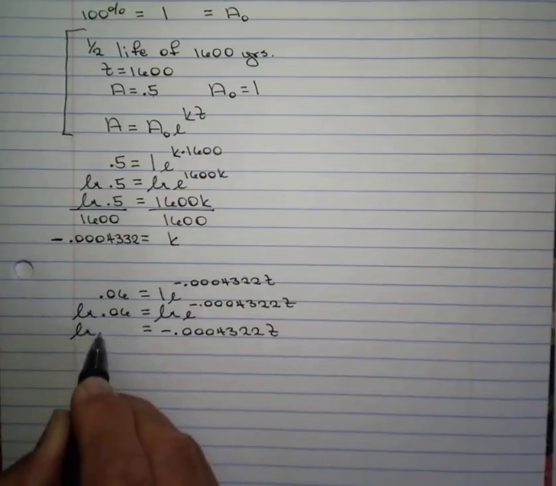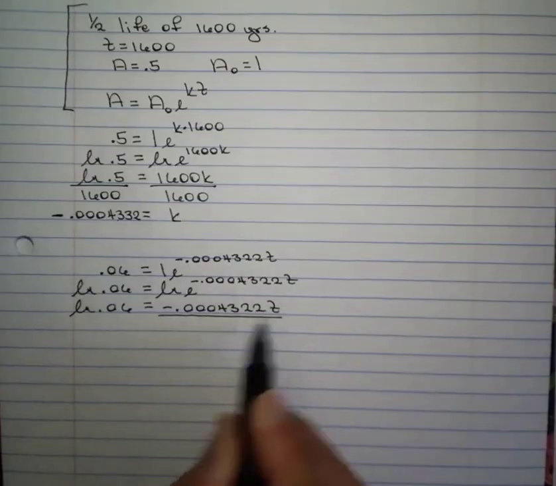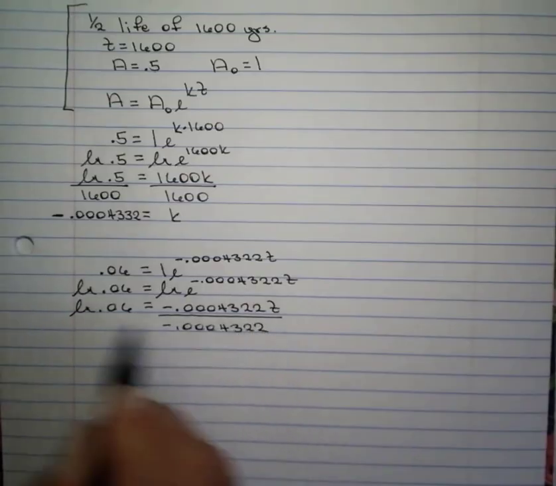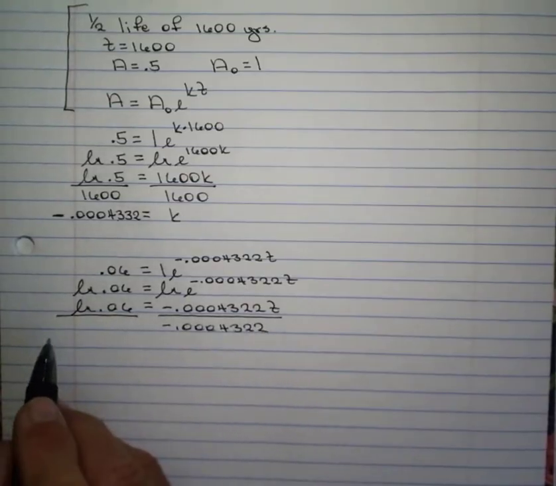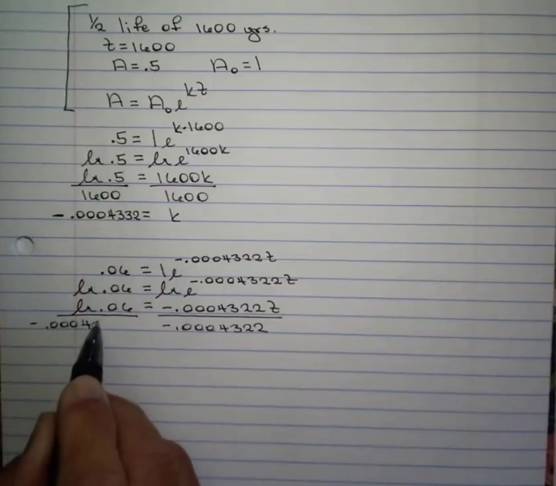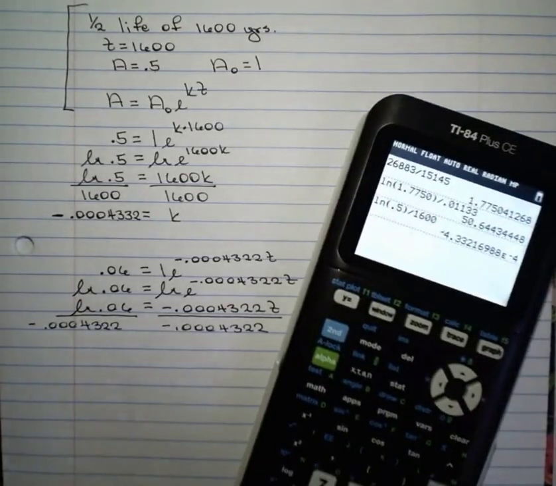What is the natural log of 0.06? So let's divide both sides by this negative number, negative 0.0004322. And this natural log of 0.06 will be divided by negative 0.0004322. Let's see what happens when we do this. I'm going to say the natural log of 0.06 divided by negative 0.0004322. Let's see what I come up with.